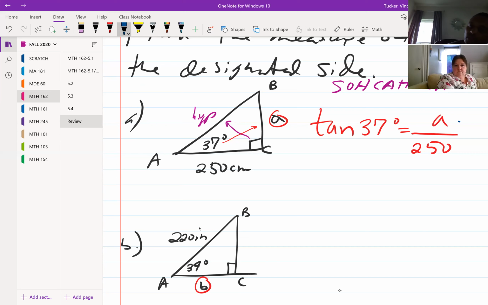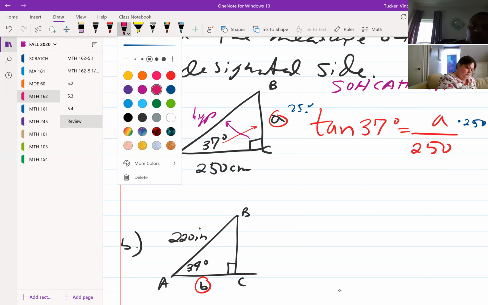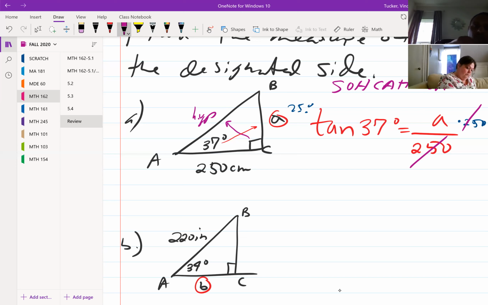All right, so to solve, we'll multiply 250 to both sides. Cancel out on the right. A is going to be equal to 250 tan of 37 degrees.